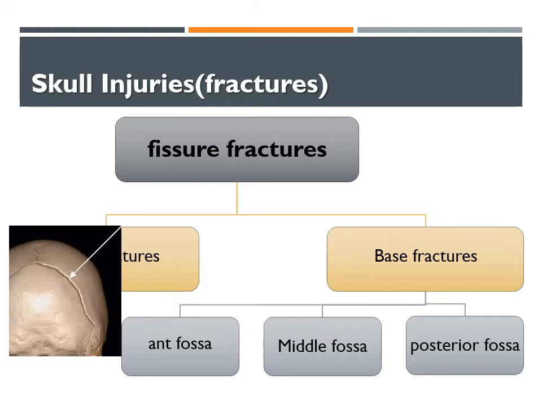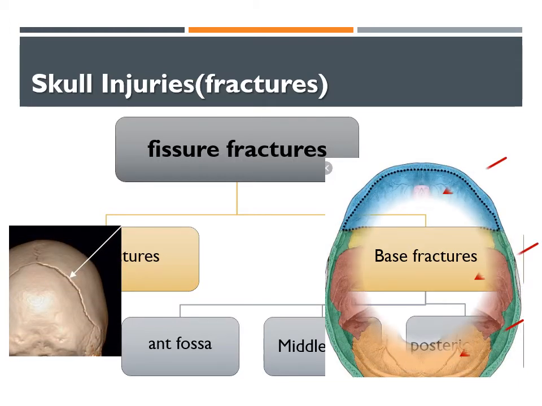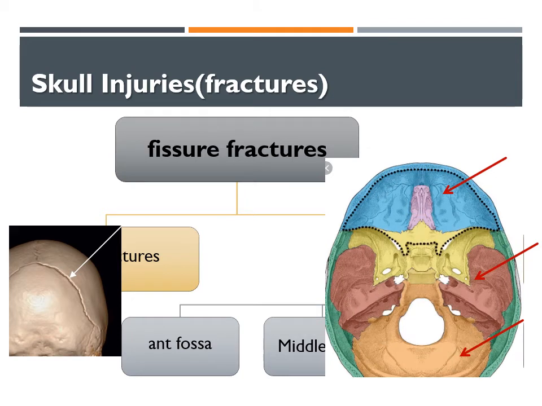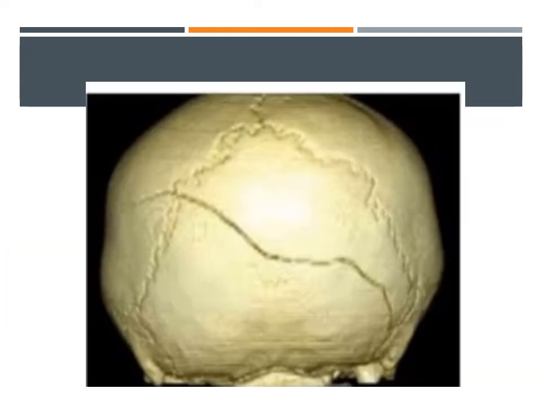This is a vault fissure fracture, and this is the skull base, formed of three parts. This is a fissure fracture occurring at the vault of the skull.